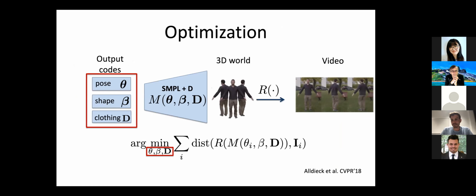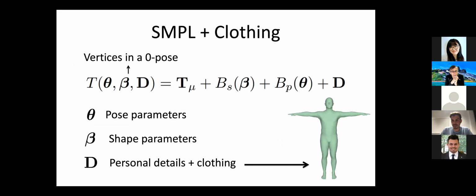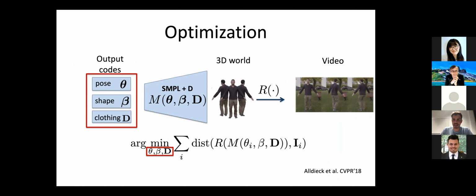And using this very simple trick of adding a set of displacements, we presented at CVPR 18 what we call the video avatars. I don't have time to explain in detail what video avatars are doing, but here I just want to focus on the representation.